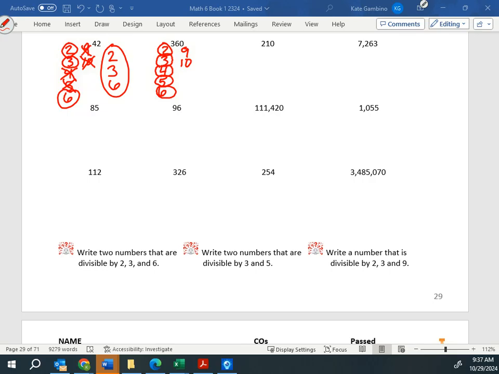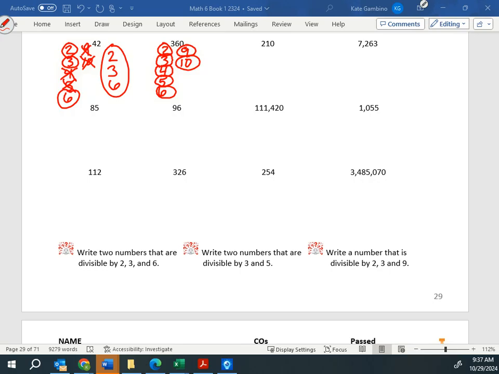How do you know? Because if you add up all the numbers, it equals 9. 3 plus 6 plus 0 equals 9. 9 is divisible by 9. Is it divisible by 10? Ellen? How do you know? It ends in a 0. So 360 is divisible by all of them.